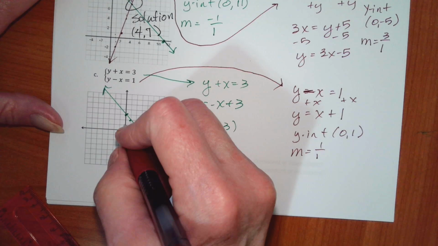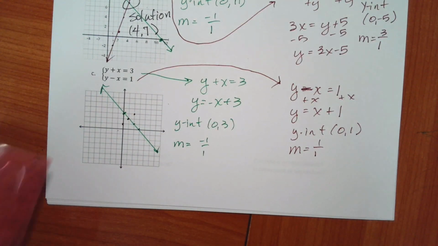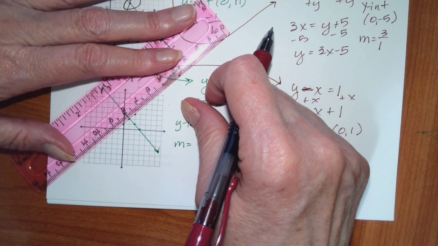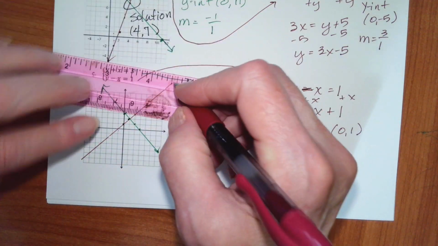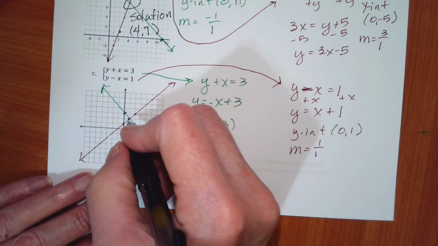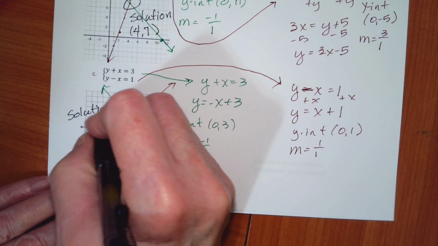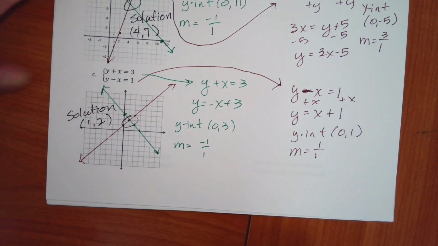So I have a point here, up 1 over 1, up 1 over 1, and I can already see where they are intersecting. So that tells me my solution is where they intersect, which is the point 1, 2.